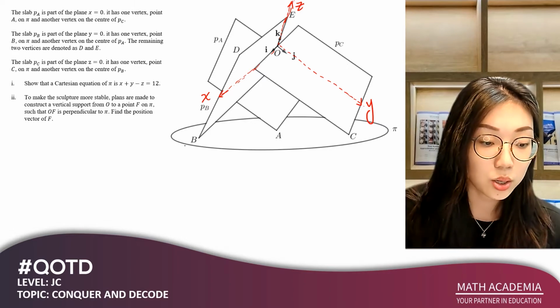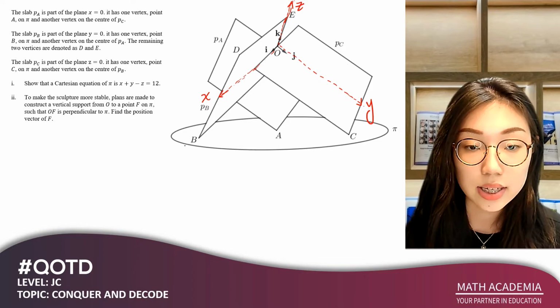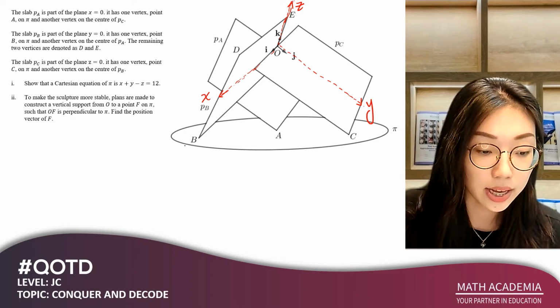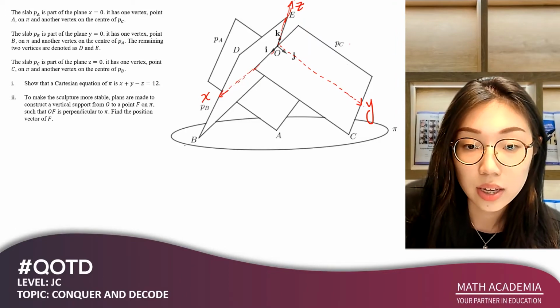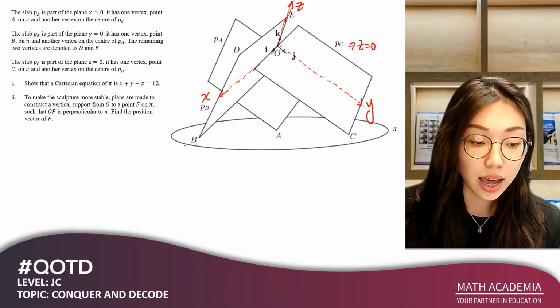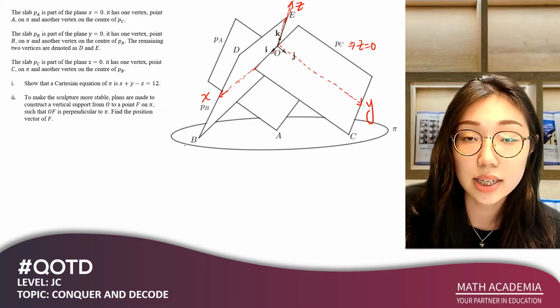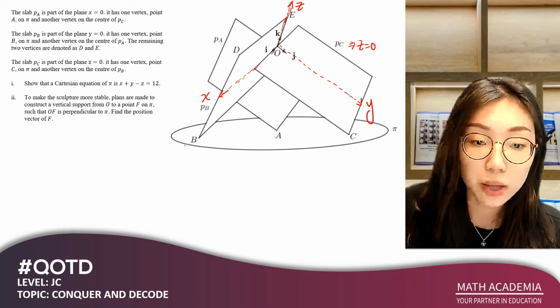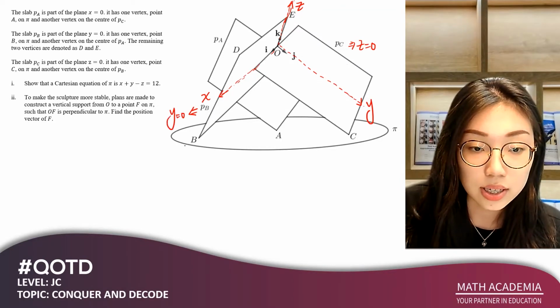Alright, so the plane PC is lying in the xy axis. So for plane PC, we have z equals to 0. And for plane PB, it lies along the zx axis. So for plane PB, we have y equals to 0.